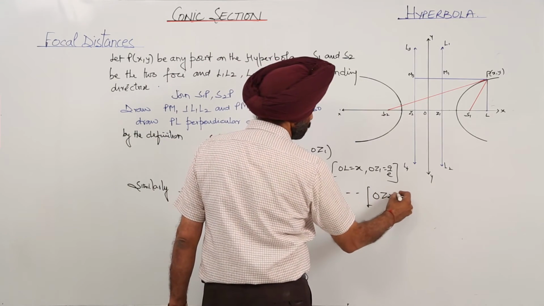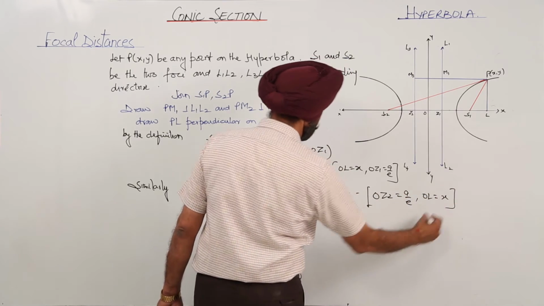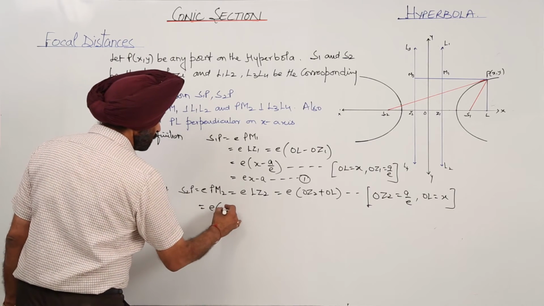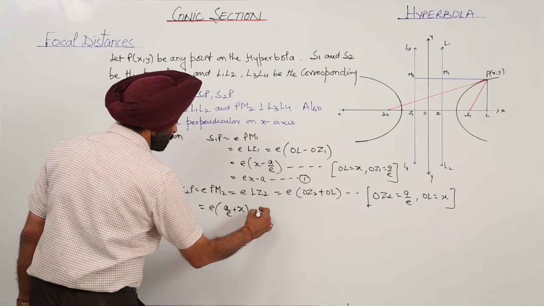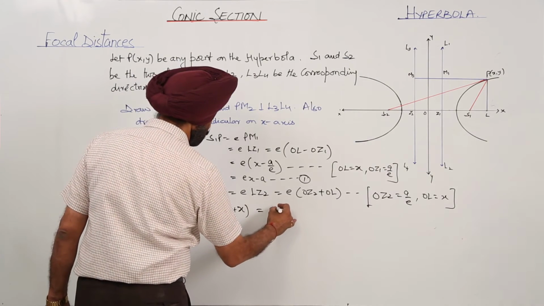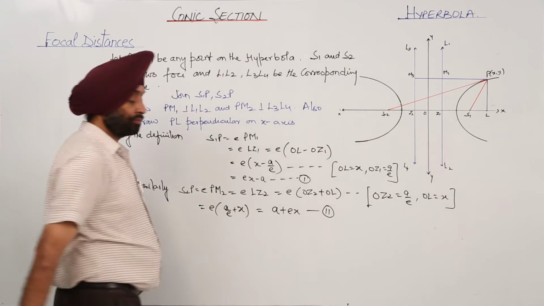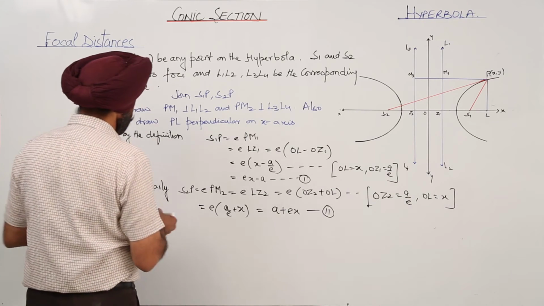Again OZ2 is equal to a upon e and OL is x. So this becomes e times (a upon e plus x). This is equal to a plus ex. (2) Is it clear?